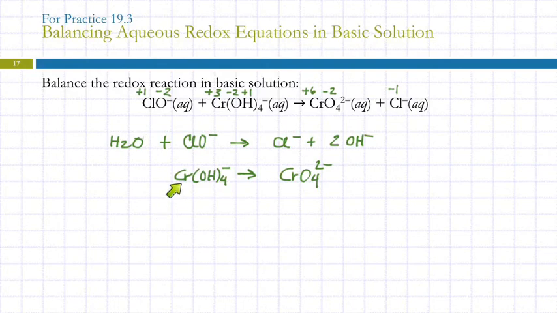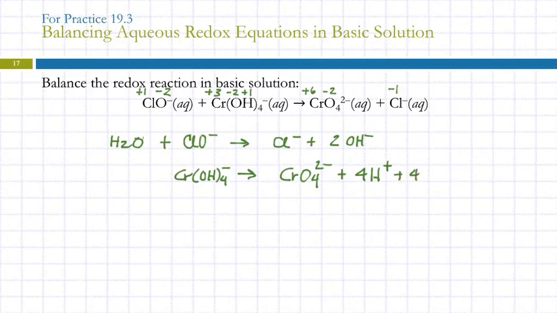Let's look at the one on the bottom. 1 chromium, 1 chromium. 4 oxygens, 4 oxygens. Well, this is convenient so far. I need 4 hydrogens, though. So I'm going to add 4 hydrogen ions. And we'd be done there if it was acidic solution, but it's basic. You can't have hydrogen ions floating around.